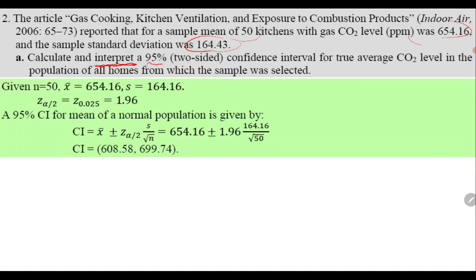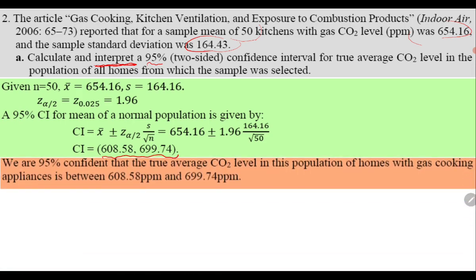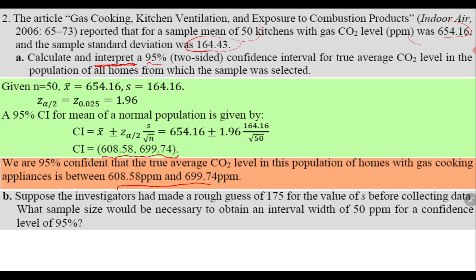When you find the confidence interval and it is a 95% confidence interval, it means you are 95% confident that the mean would lie in this range. In the next part, again you are given the width of the interval and you need to find n, which has already been discussed in the previous question. So try it and then verify the answer.